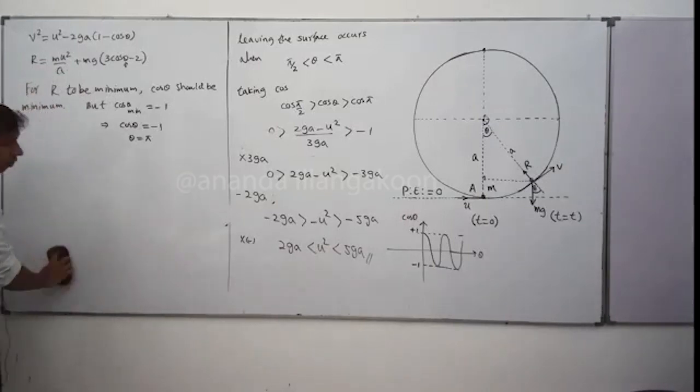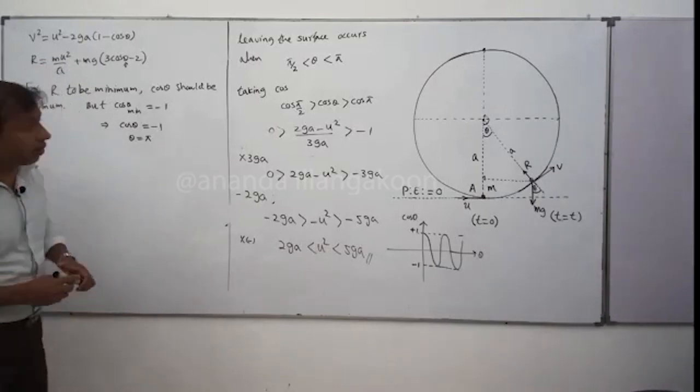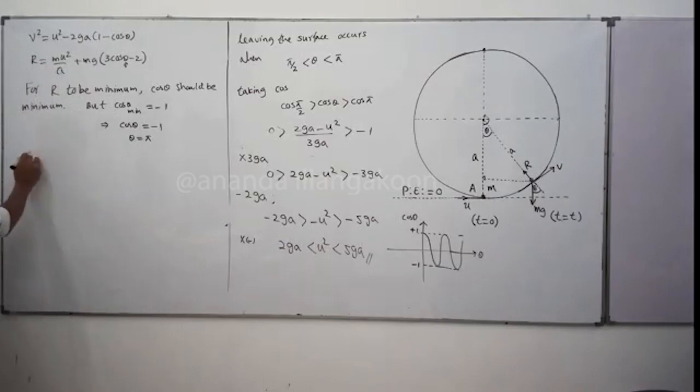We first find R at theta equals pi. That means the minimum value of R. At theta equals pi only, R will take its minimum. So R minimum can be found how?